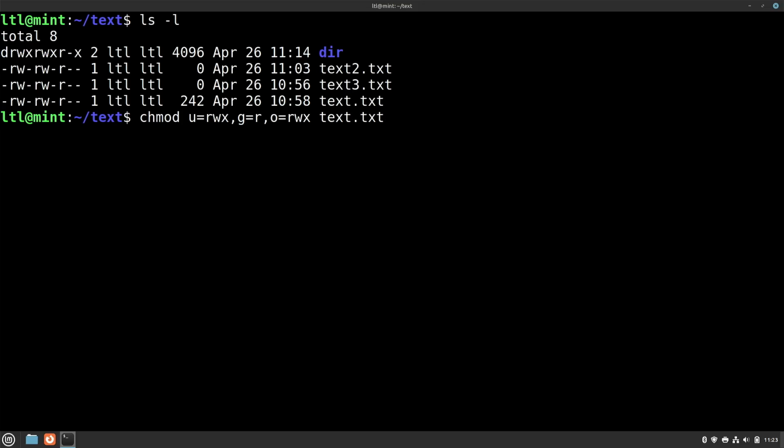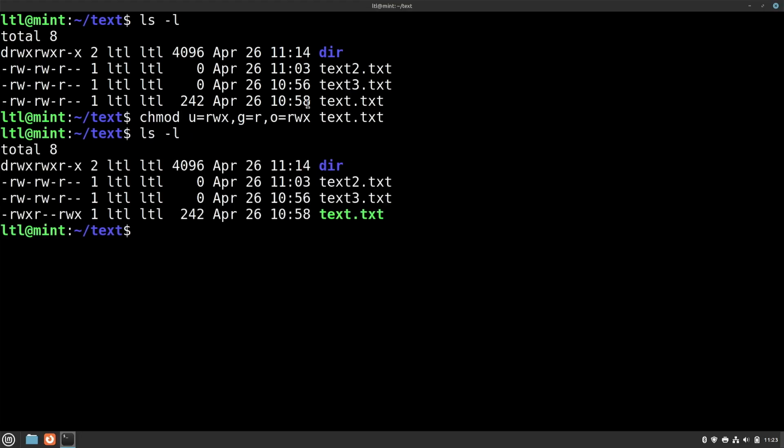That looks long, it looks encrypted, but now that you know that this is the user, group, and other, we'll be able to see that when we open this up. So let's see if it's reflective. The user is rwx. The group is equal to read only. And everybody else can also rwx. Of course, this is kind of a nonsensical way to assign file permissions, but it serves the purpose of demonstration.